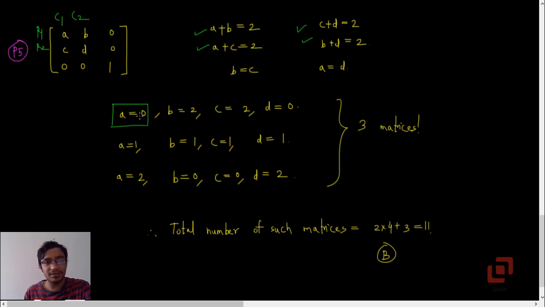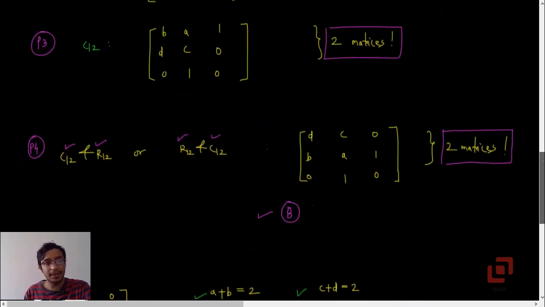Okay, so if A is equal to 0, then B and C must be 2. Okay, and that forces us to take D as 0. Okay, and if you take A equal to 1, then everything else becomes 1. It just follows from these 4 equations. Okay, and here you are allowed to take A equal to 2, which was not possible previously, right?